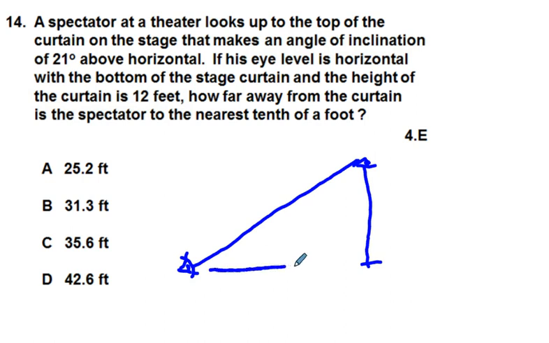And this angle of inclination is 21 degrees. We have the height of the curtain is 12 feet. So that's 12 feet right there. And it says, how far away from the curtain is the spectator, to the nearest tenth of a foot? So here we have, again, the distance here.